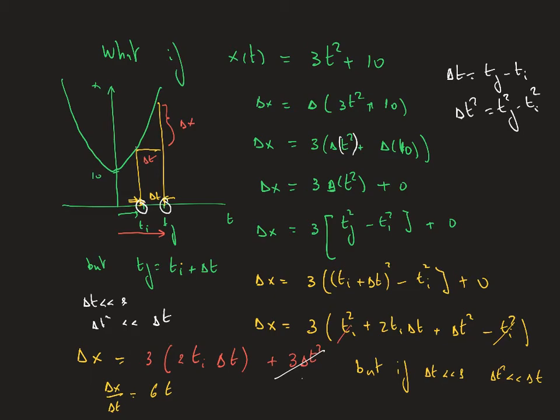Because if I do it around this point, I will do delta x divided by delta t. But if I do it around this point, I will do delta x very big divided by delta t. So it's not the same. The slope will depend on the point that you are, and according to this equation for this graph.